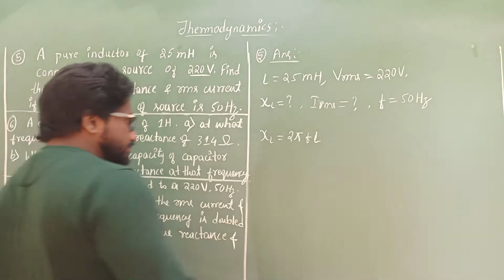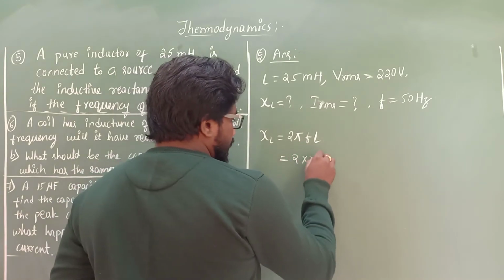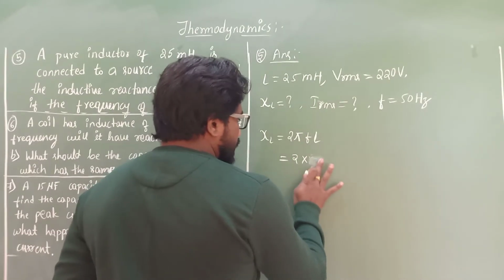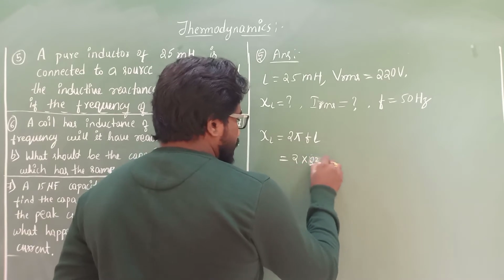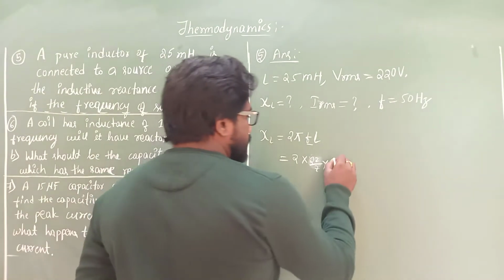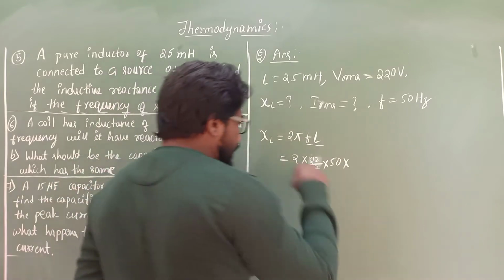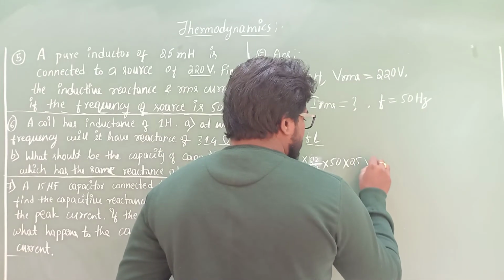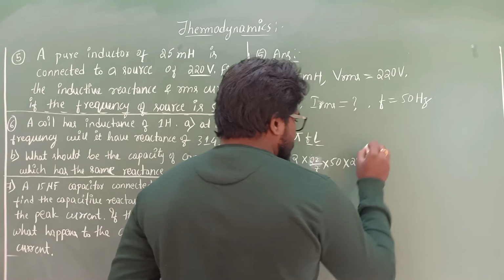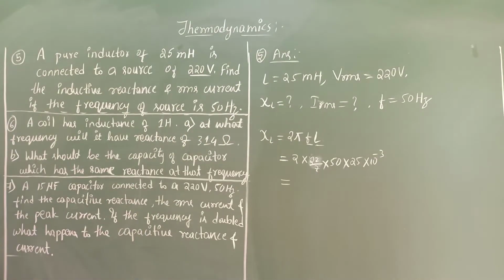That equals 2 into 22 by 7 into F value, how much? 50 Hertz, into L value 25 millihenry. 25 means 25 into 10 power minus 3. If you have a calculator, simplify and tell me what the answer will be.